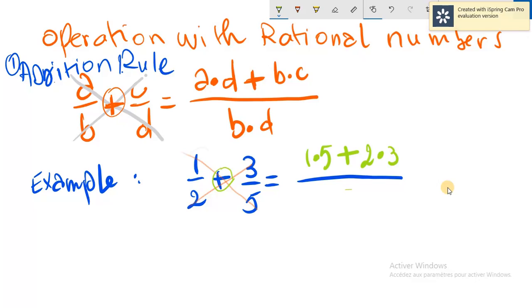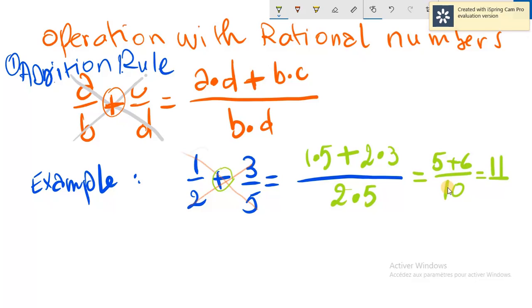So you need to multiply 2 times 5. Now, what would be the answer? So let's simplify. 1 times 5 is equal to 5, plus 2 times 3 is equal to 6. So you'll be writing here 2 times 5 is equal to 10, so over 10. So you need to simplify more. 5 added to 6 is equal to 11. And as denominator, we have here 10.